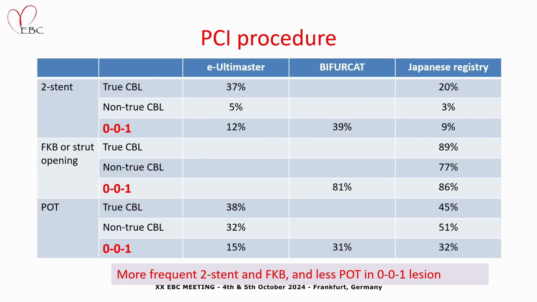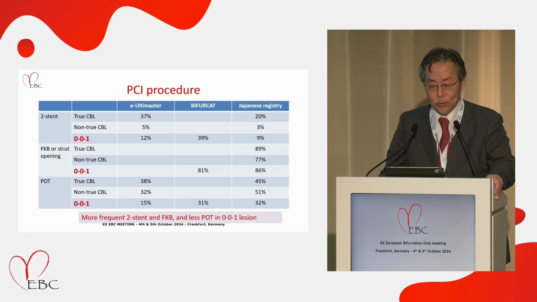And for the final kissing balloon or strut opening in the Japanese registry, more frequent performance was found in the 001 region, 86%. That is similar to the true bifurcation region, and more than in other non-true bifurcation regions. Even in the bifurcated trial, where 2/3 of the cases were performed in Korea, the 001 region final kissing was performed in 81%.